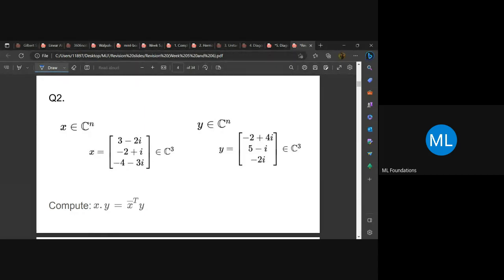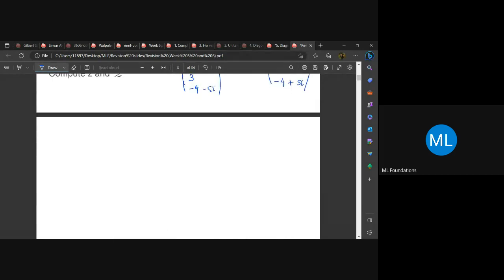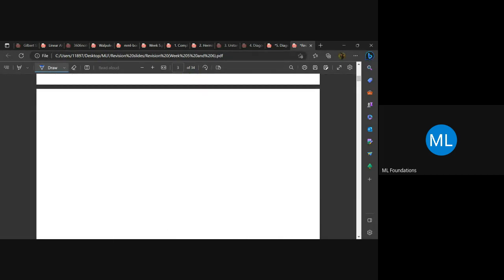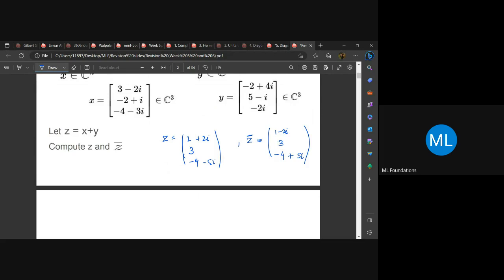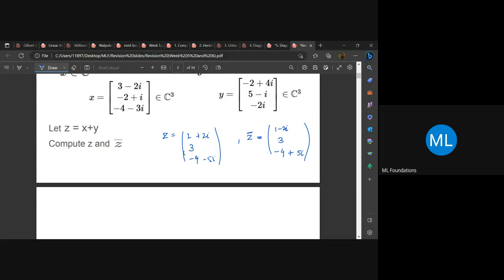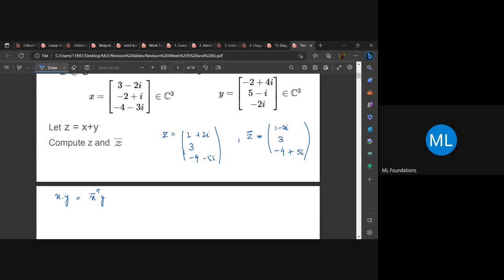All right. So we had to find x bar transpose y, right? You had x to be this and y to be this. So our inner product, that is x dot y, is x bar transpose y. Okay. So let's do what is x bar.